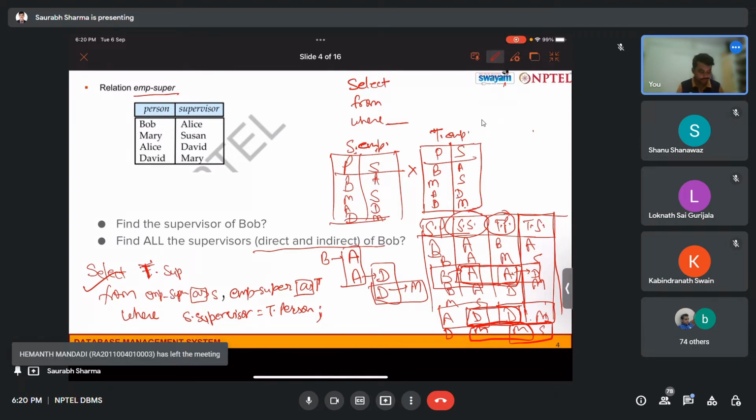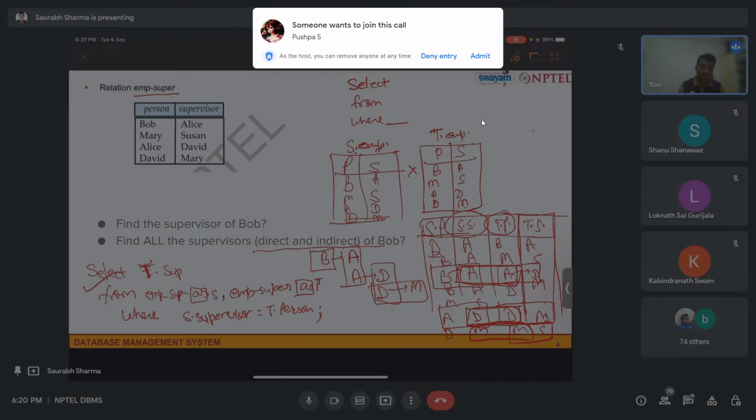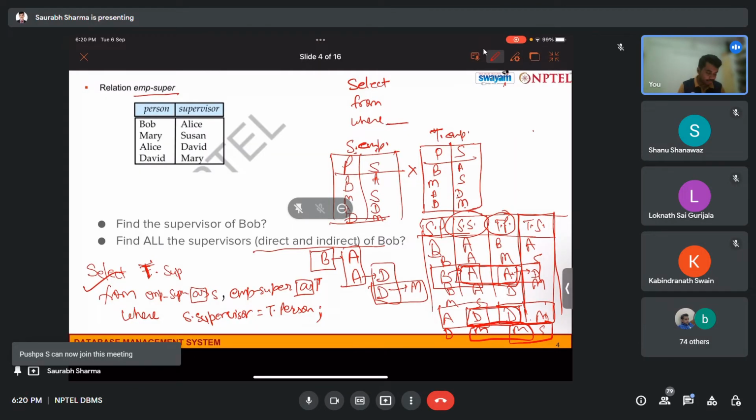So if Bob is some person, we first want the direct supervisor of Bob, that is Alice. So we will go to Alice. Now we are on Alice. We want the supervisor of Alice also, because that will be the indirect supervisor of Bob.